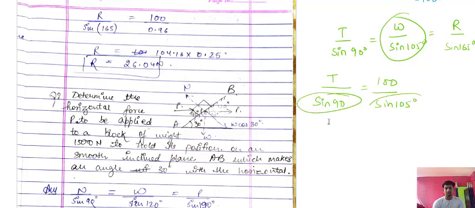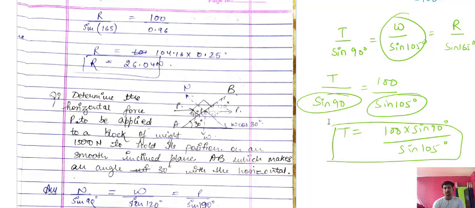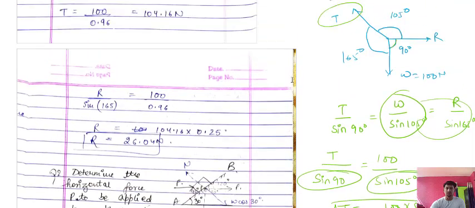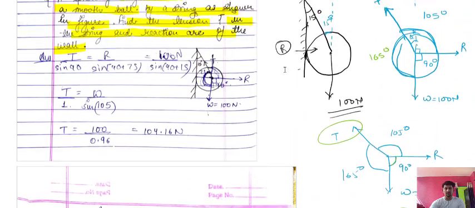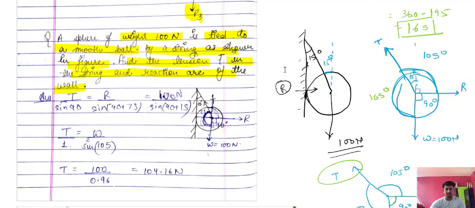Now you can calculate these values and you can get the value of T. Okay, now you can similarly calculate the value of R. Okay, so this is how you will calculate the values of the forces when you are applying Lamy's theorem.